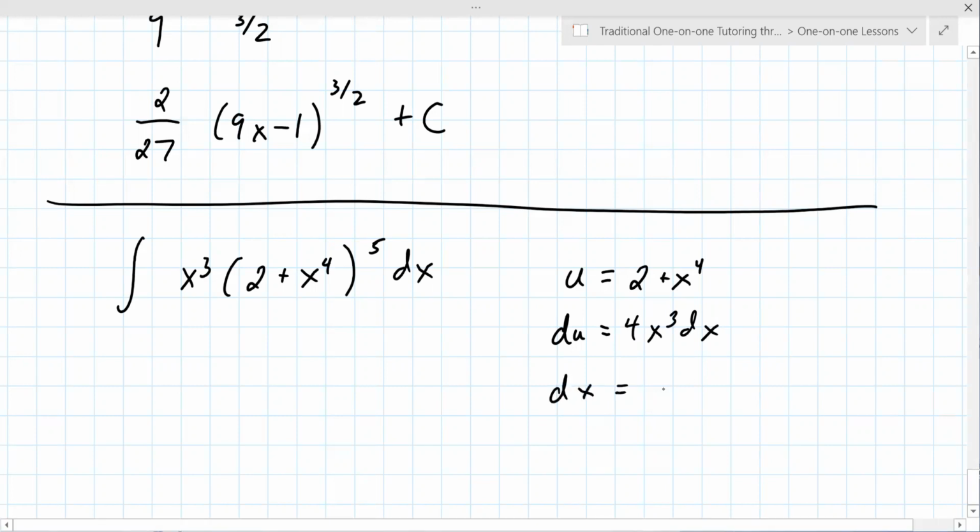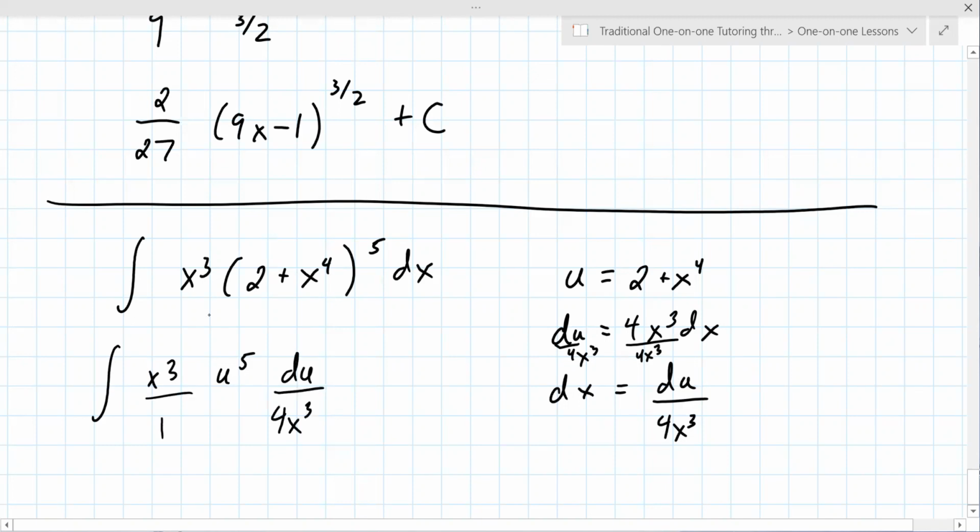If you solve for dx, dx is du over 4x cubed. You divide both sides by 4x cubed. You follow that? So it's the integral of x cubed times u to the 5th, because your u is 2 plus x to the 4th, and then your dx is du over 4x cubed.